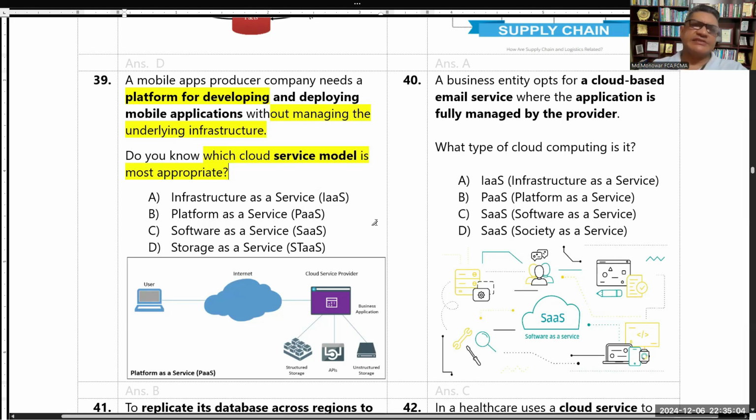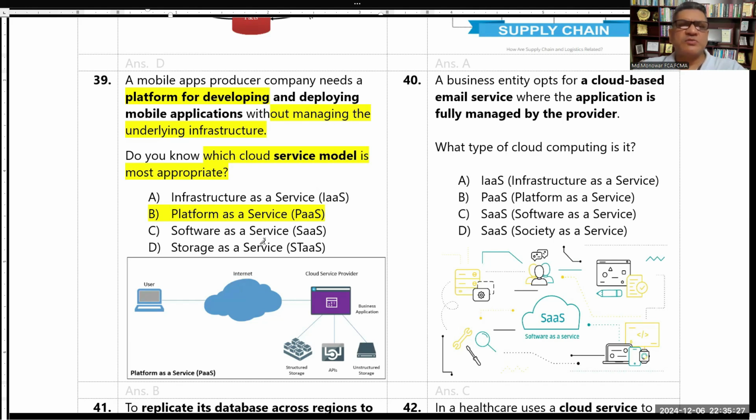In this case, platform as a service, PaaS, would be the answer because that platform can be used by the company for developing and deploying the mobile application without managing the underlying infrastructure. So here the answer is B, PaaS, platform as a service.